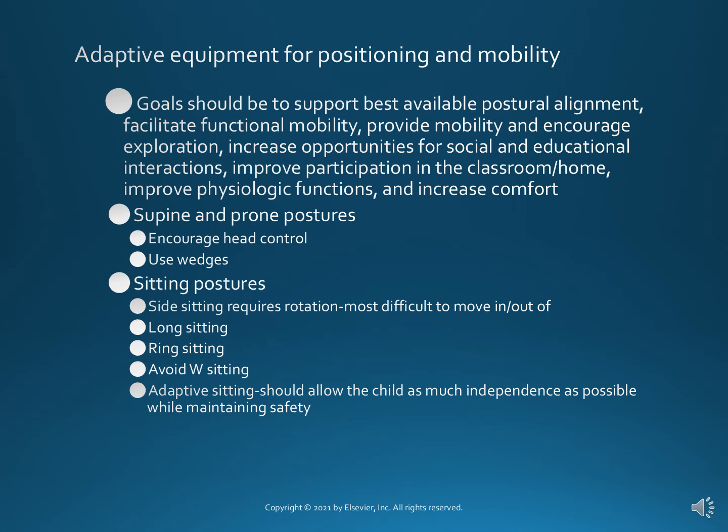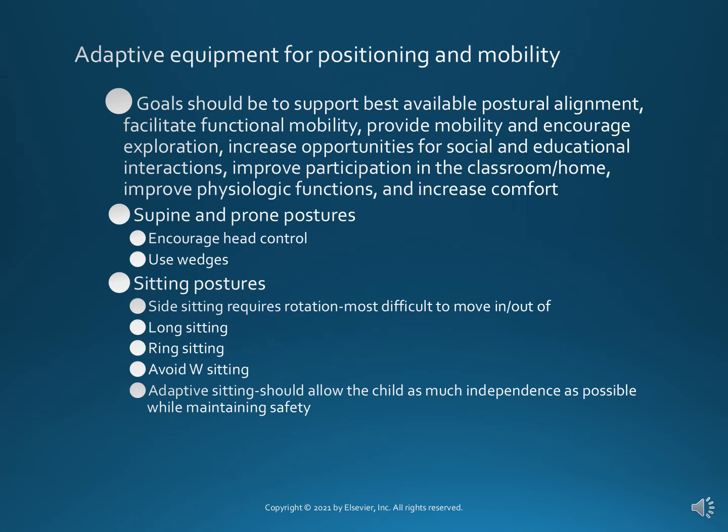Ring sitting is where the feet come together and the legs form a ring to help provide a more stable base of support for a seated posture. Remember, we want to avoid W sitting because of what it does to the hips, and it does not require trunk control, so we're not actually facilitating any motor activation there.